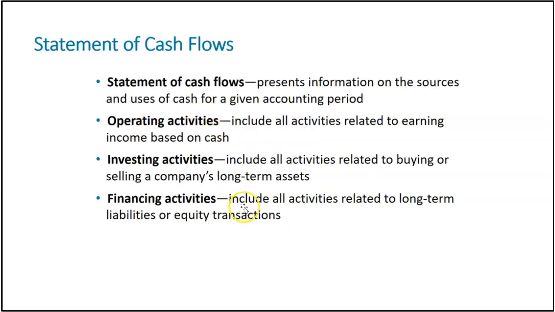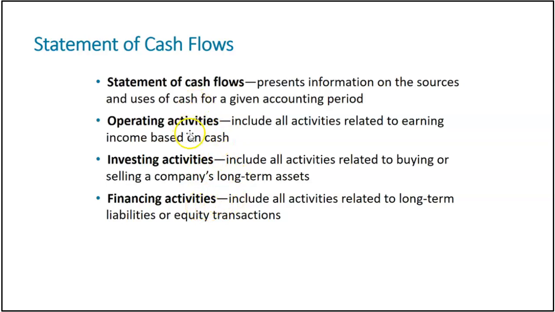The statement of cash flows is probably the most challenging statement for you to do, because this is based on cash, whereas the balance sheet and the income statement are both done on an accrual basis. So we have, first of all, 3 major sections, all right? Operating activities, investing activities, and financing activities.